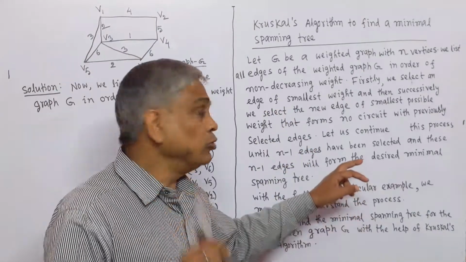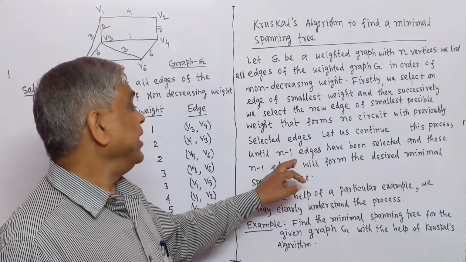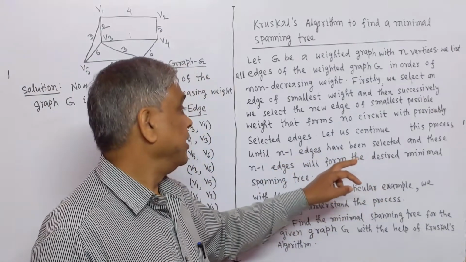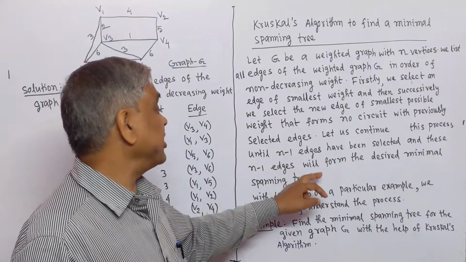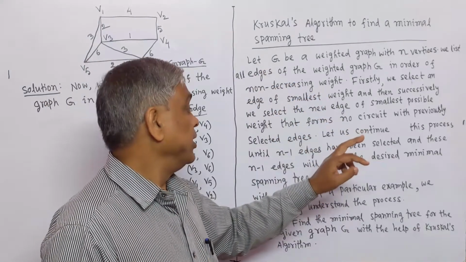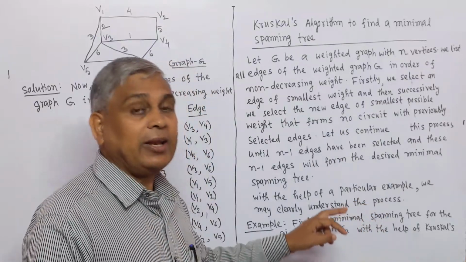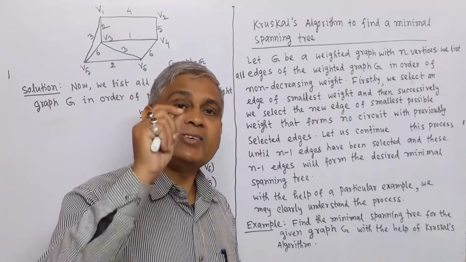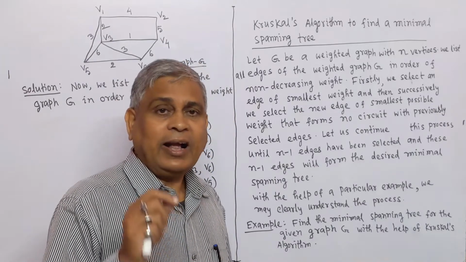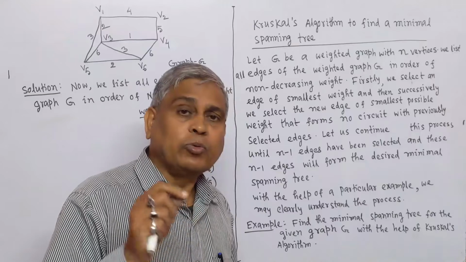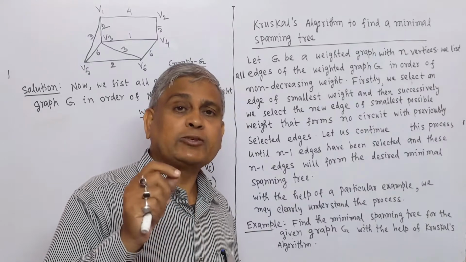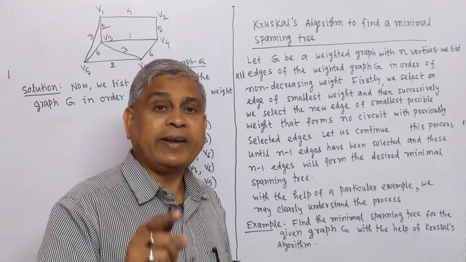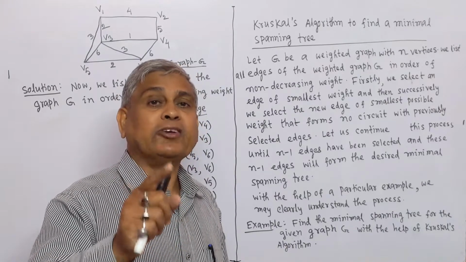Let us continue this process until n minus 1 edges have been selected, and these n minus 1 edges will form the desired minimal spanning tree. As the graph has n vertices, the spanning tree will contain n minus 1 edges.